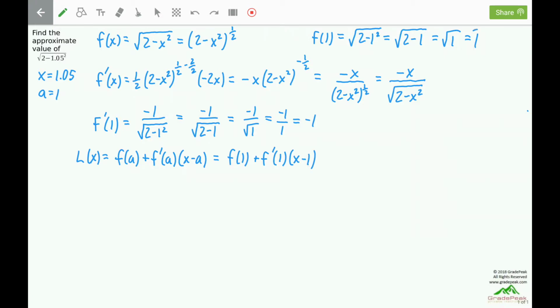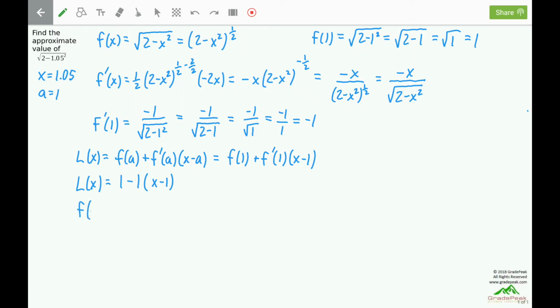We have values for f of 1 and f prime of 1 that can be put into place. So the linear approximation will equal f of 1, which is a 1, plus f prime of 1, which is a negative 1, plus a negative 1 is equivalent to minus a 1 times x minus 1.